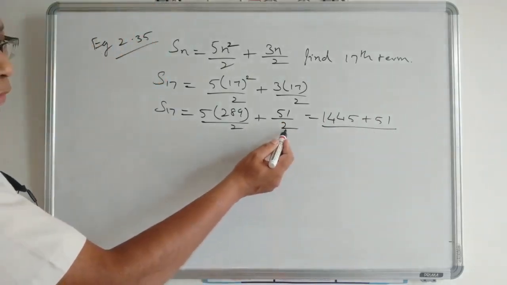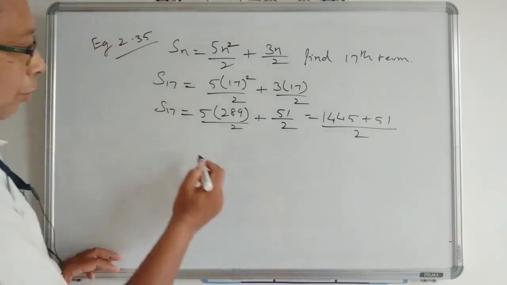The 2 is common, so we take 2 as the common denominator.